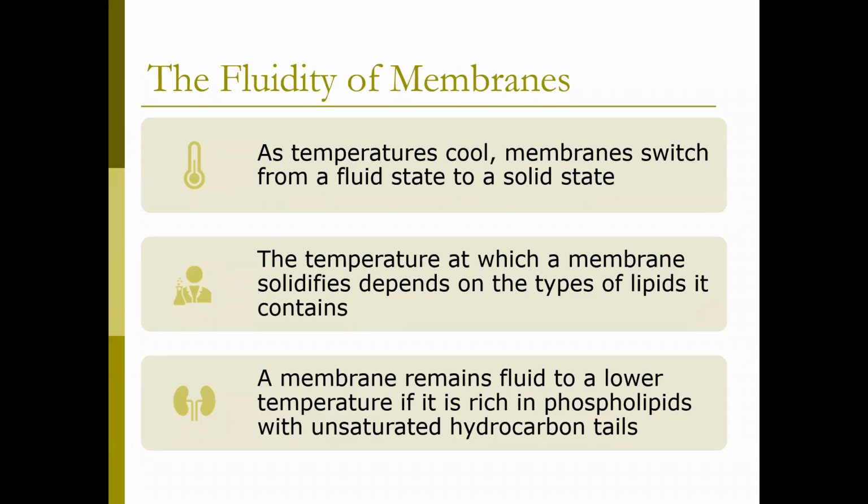Having this fluidity allows for movement to take place. That's because of those hydrocarbon tails embedded in the hydrophobic area of the phospholipids, which helps keep the fluid nature of our plasma membrane despite drops in temperature.